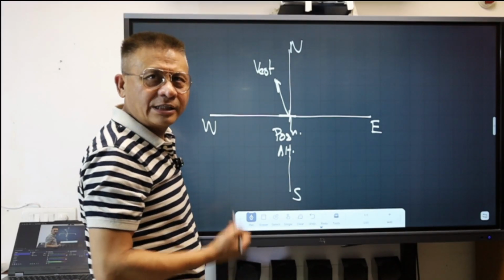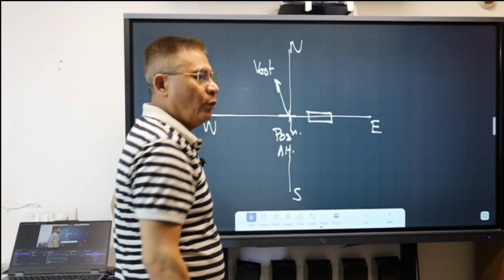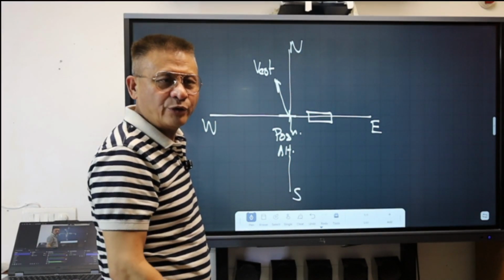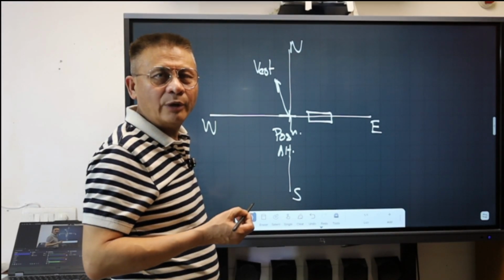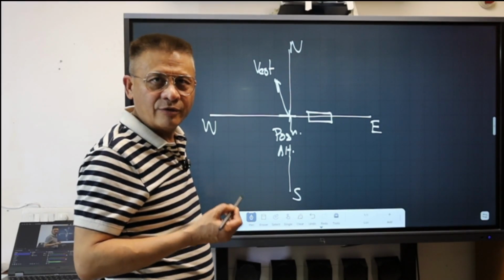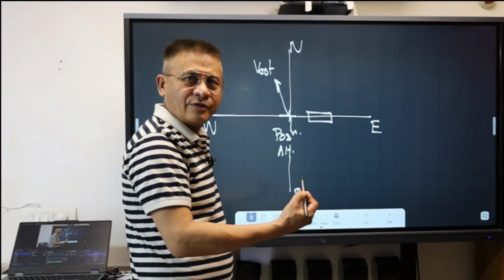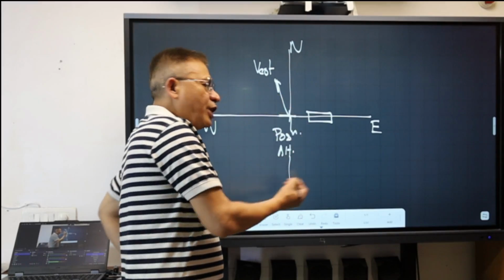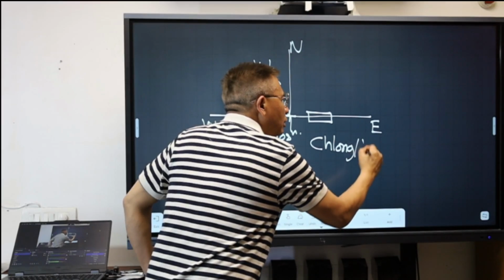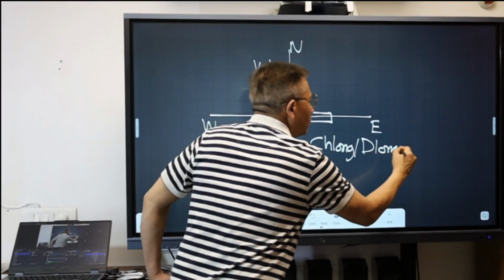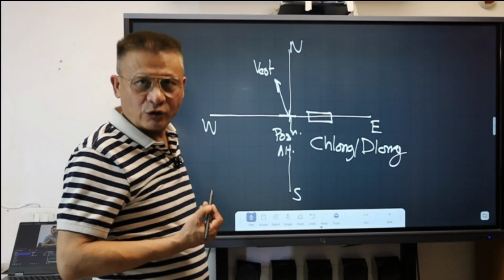The accelerometer aligned in the east-west direction will measure the acceleration along the east-west direction, which when integrated will give you the velocity along this direction, and when integrated further will give you the displacement along the east-west direction. Once I know the displacement along the east-west direction, I can find out the change in the longitude, or CHLONG, C-H-L-O-N-G, or D long, from the starting position. That is, by how many degrees of longitude you have crossed.